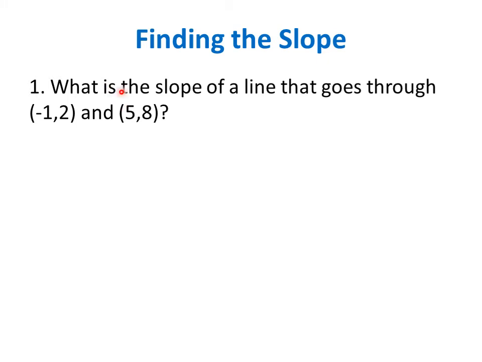Let's consider some problems on finding the slope of a line. First, what is the slope of a line that goes through (-1, 2) and (5, 8)? Since we are given 2 points, we have to use the formula for slope.